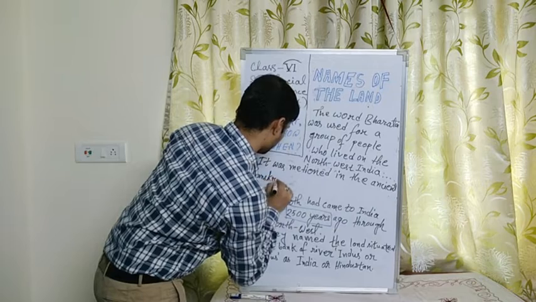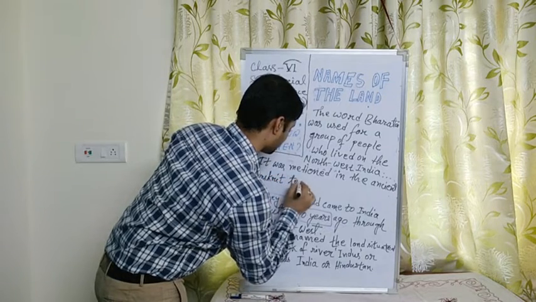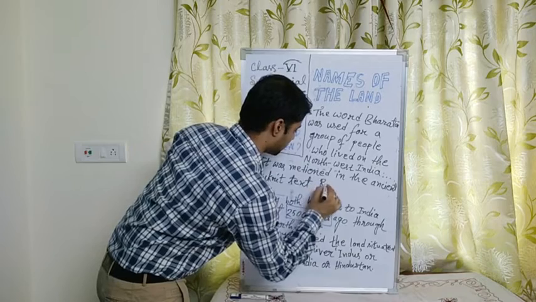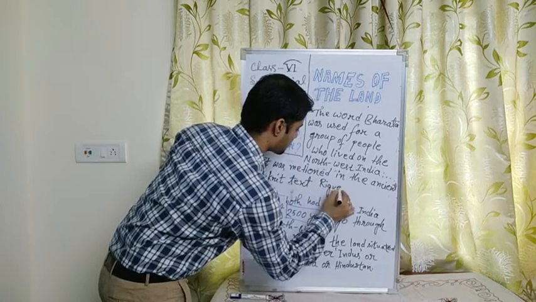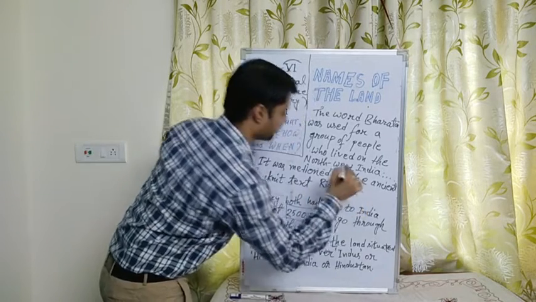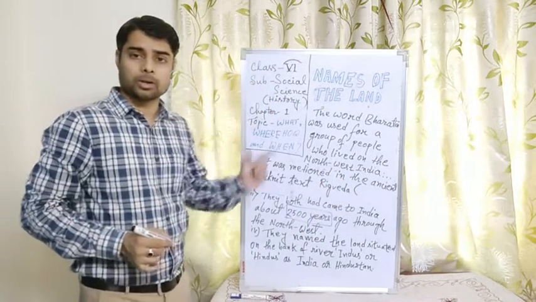The ancient Sanskrit text Rig Veda was written around 3500 years ago.